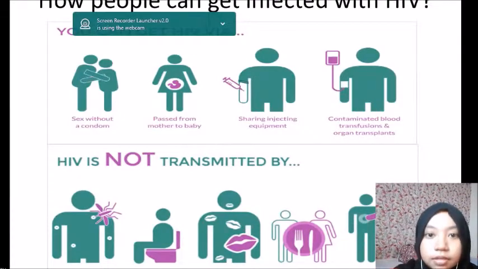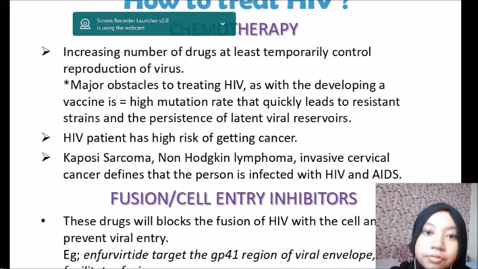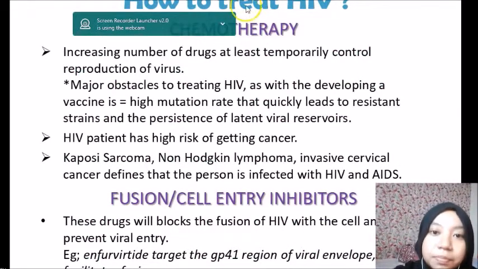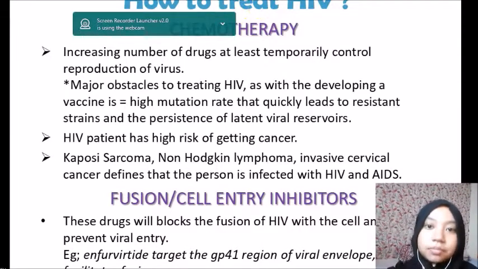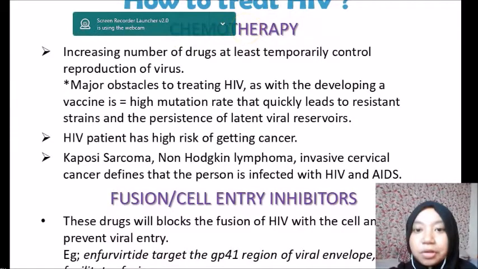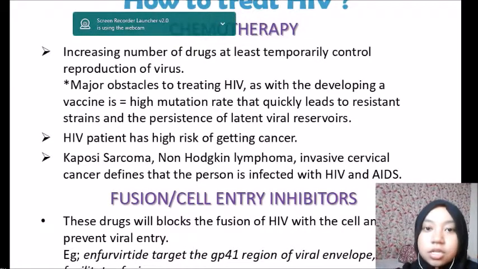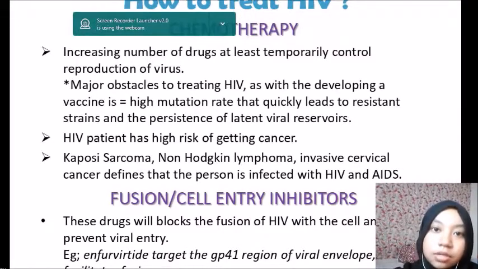Next one. Now I will explain my next presentation, how to treat HIV, how people with HIV can get treatment. First, chemotherapy associated with cancer, because HIV patients are at very high risk of getting cancer.